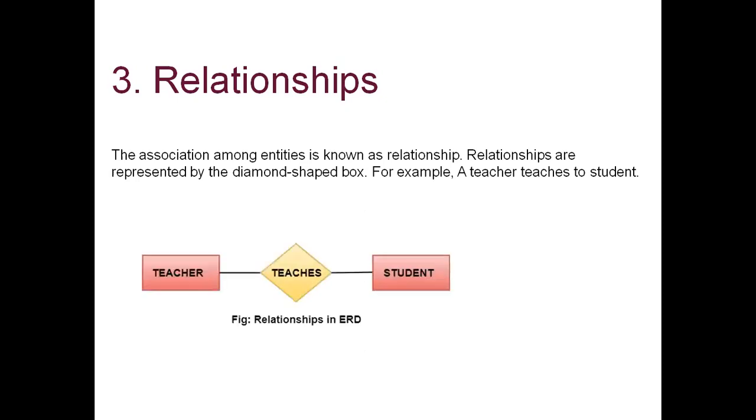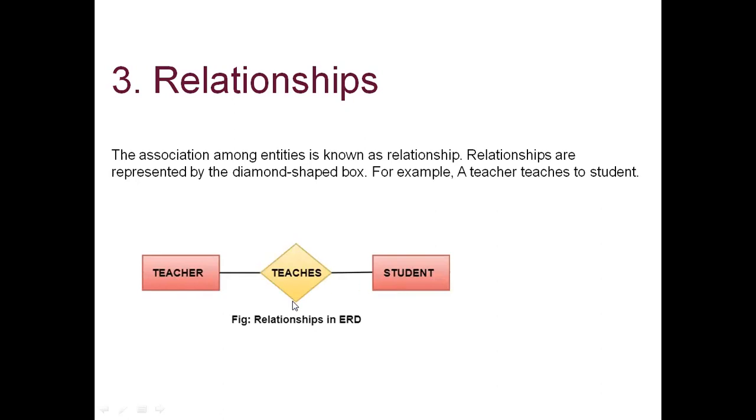Relationship. The association among entities is known as a relationship. Whatever two entities are sharing is called a relationship. Two entities share a particular thing, which is the relationship, and it is denoted by a diamond shape. Like teacher teaches student.